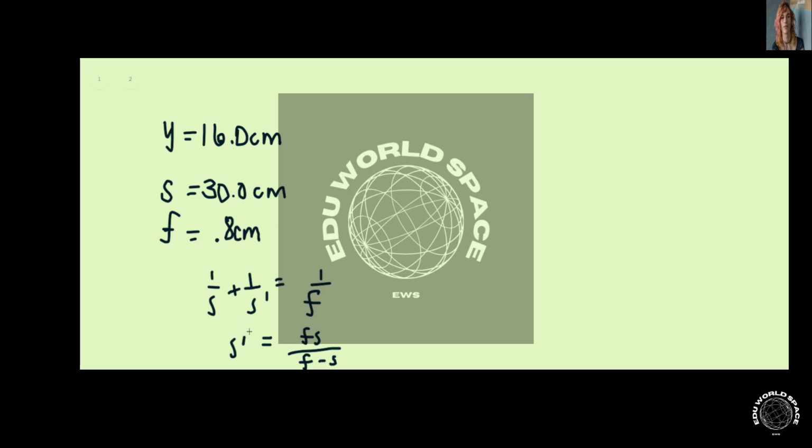I'm just going to rewrite it out. Having trouble visualizing it. So 1 over s prime equals 1 over f minus 1 over s. And then it would be s minus f, and then flip it. Okay, so I was wrong down here. So that's going to be s minus f.